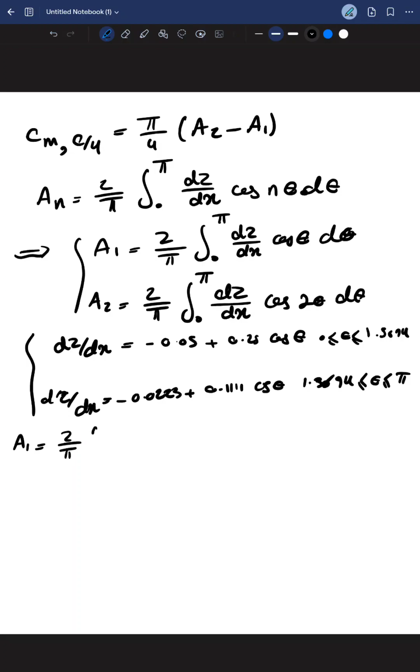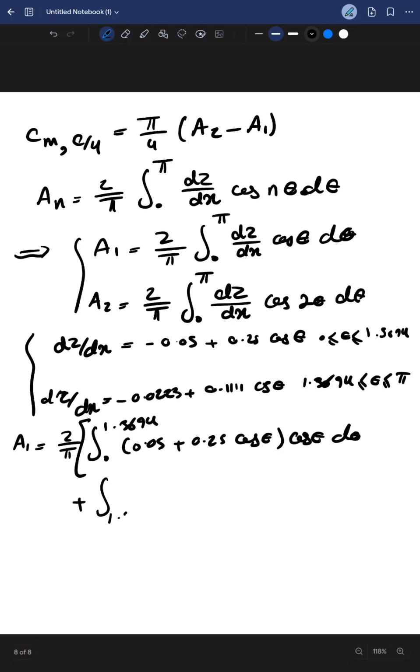We have 2 over pi integral from 0 to 1.3694 of negative 0.05 plus 0.25 cosine of theta multiplied by cosine of theta d theta, plus the integral from 1.3694 to pi of negative 0.2022 plus 0.1111 cosine of theta d theta.